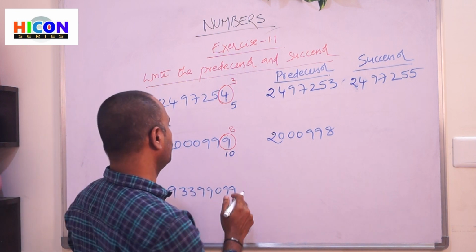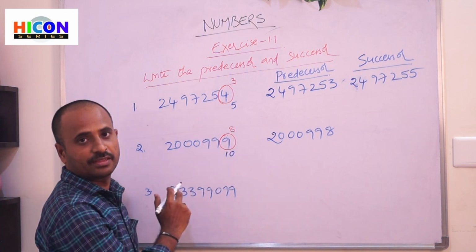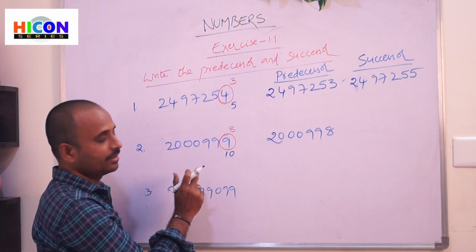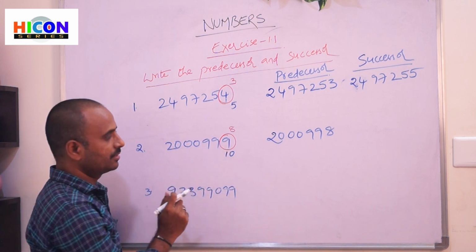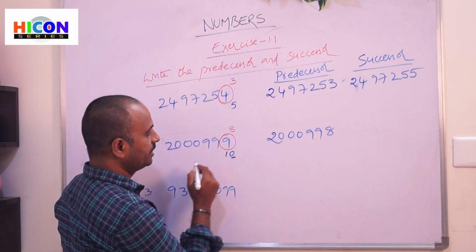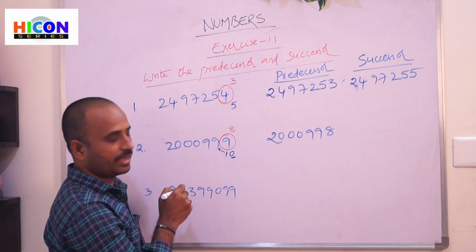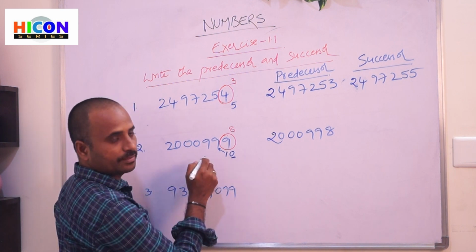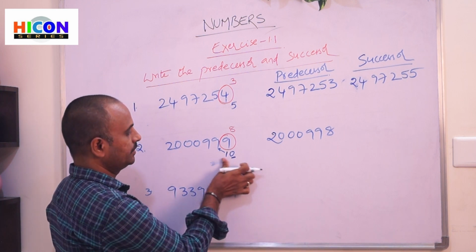Or you can add simply on the rough. If you write the after number for the 9, the after number for the 9 is 10. So in the units place we will get 0, and add this 1 to the 9. Again we will get 10. So again we will get 0 here. So again we will get 0.